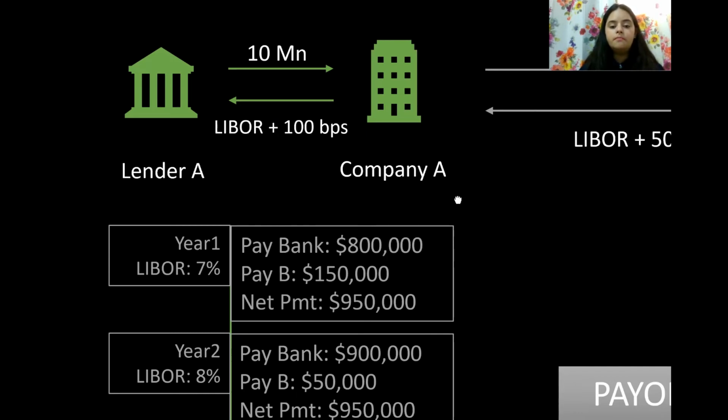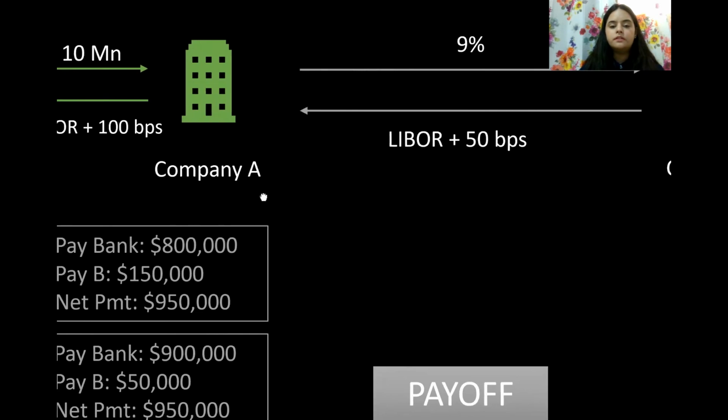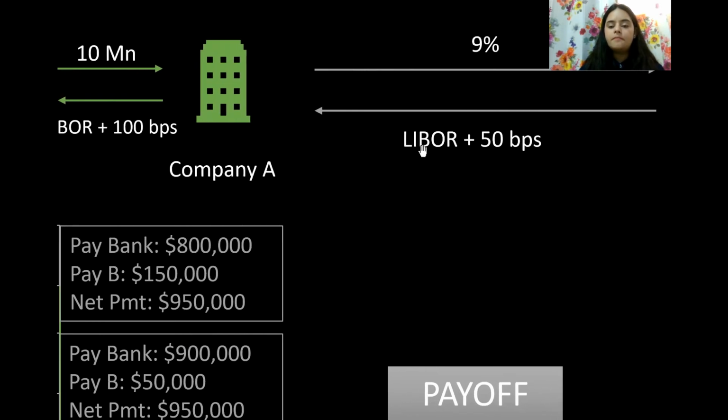Then with company B, the swap party, what happens is LIBOR plus 50 bips, which is 7.5%, company A receives, and 9% company A has to pay.